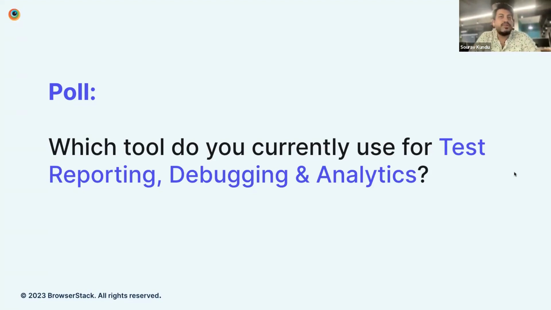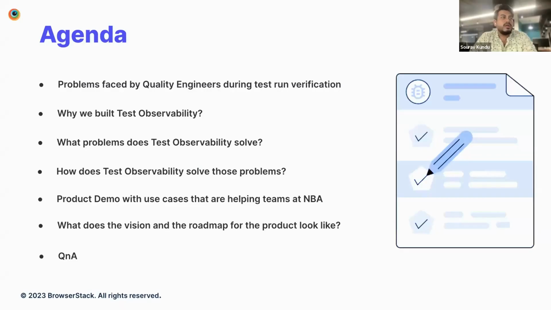Right. So moving on, the agenda for today: to start with, what are the problems faced by quality engineers for test run verification? When you run tests, reports and results get generated. How do you verify those results and give a thumbs up or a thumbs down to the PRs against which the tests are being run? Thereafter, we will talk about what observability in the world of testing means, why we built a product like this, and what problems it solves.